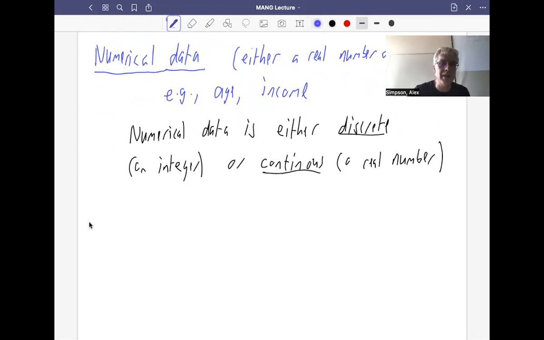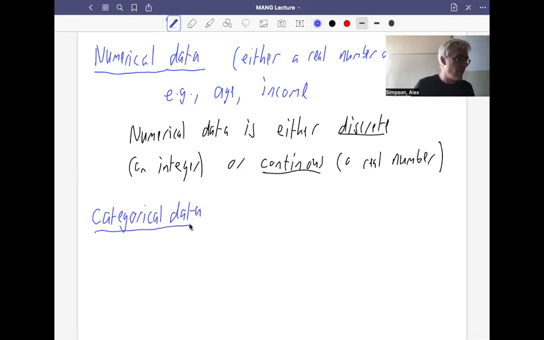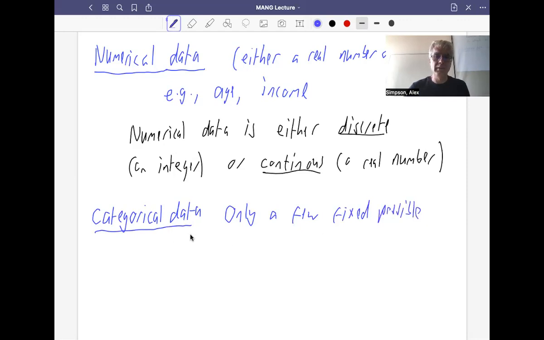So the other main kind of data is categorical data. I said 3 kinds, but categorical data we're going to divide into 2 subcategories. In categorical data, the point is we only have a few fixed possible answers, or possible values for the data.